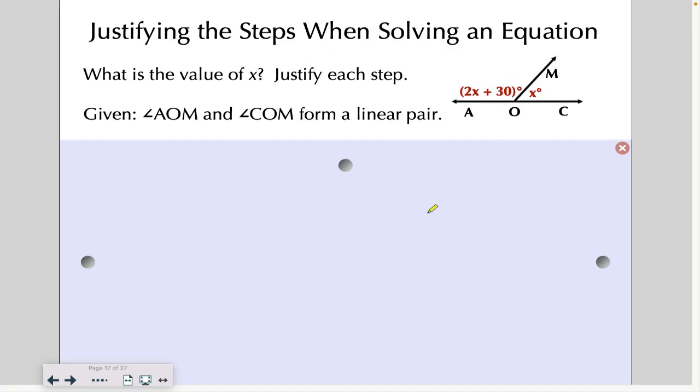So we're going to look at this one right here, and we're going to walk through this proof yet again. We need to find the value of x, and we have to justify each step. So what do you notice about that diagram? Given that angle AOM and COM form a linear pair.